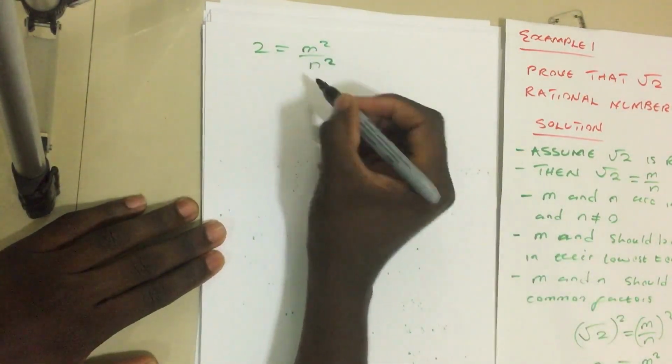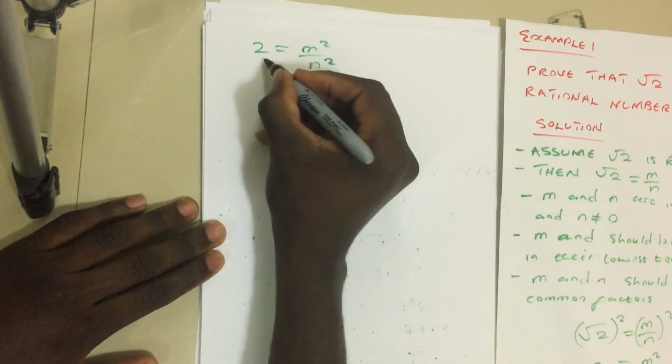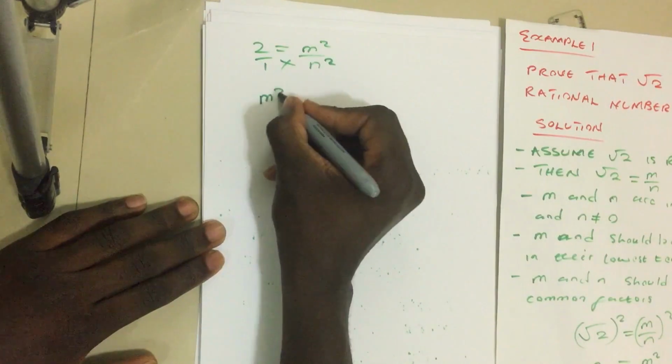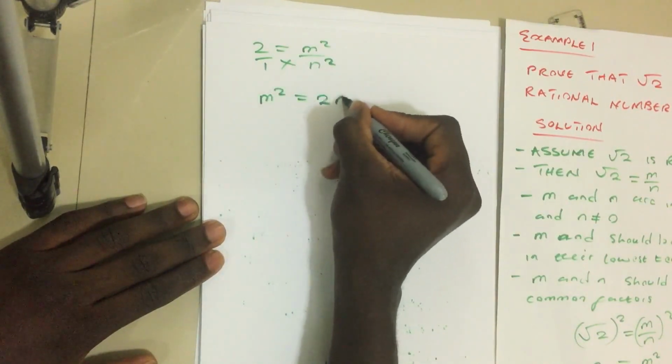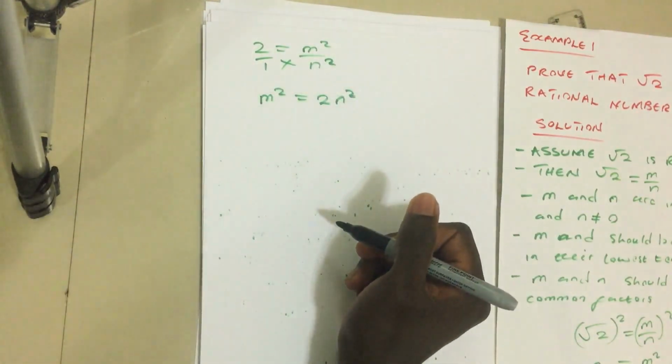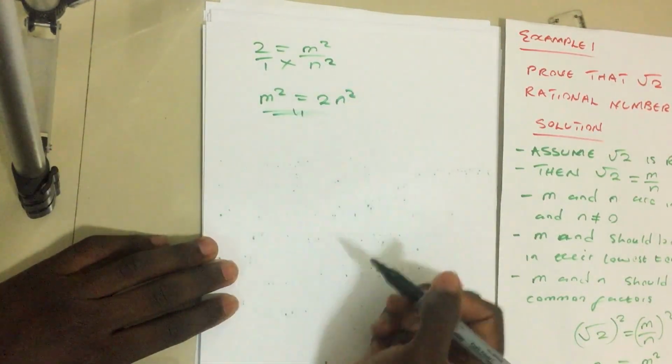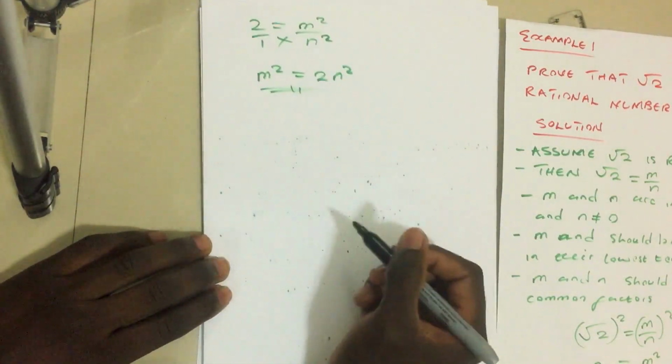We need to make one of these variables the subject of the formula. So we're going to cross multiply, then we're going to have m squared is equal to 2n squared. This is our final expression as of now. From this expression, what can we get?